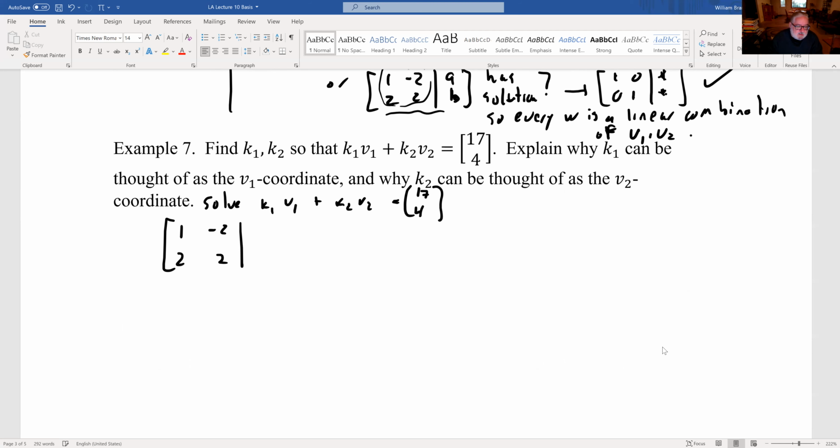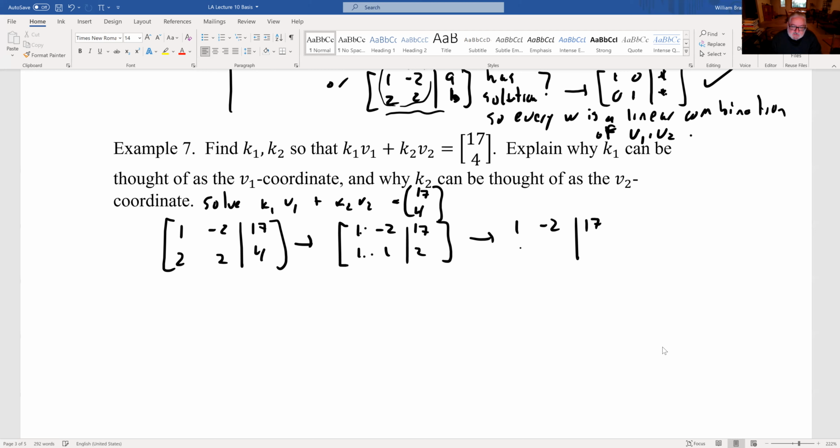And that means reducing this augmented matrix, which isn't too bad. I'll divide the bottom row by 2. And then I'll replace the bottom row by taking the bottom row minus the top row. So we'll leave the top row alone, and then we'll subtract the top row from the bottom row.